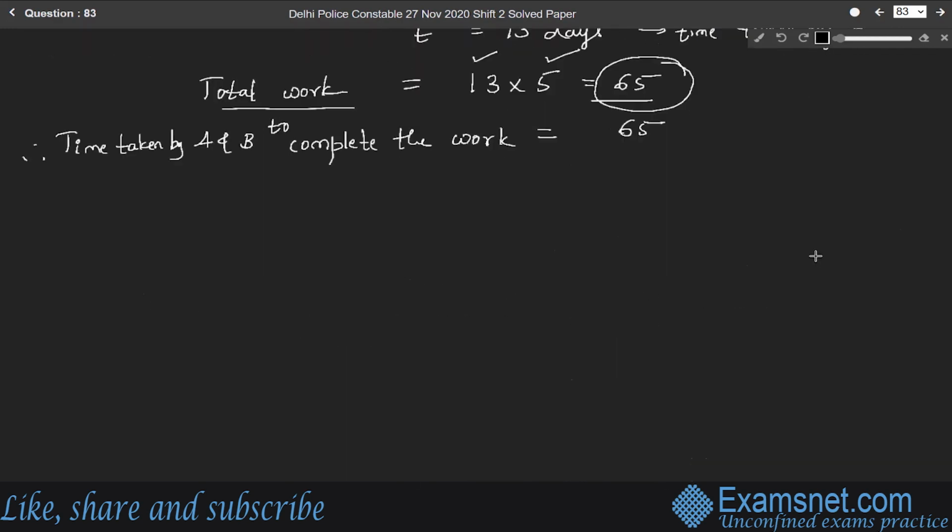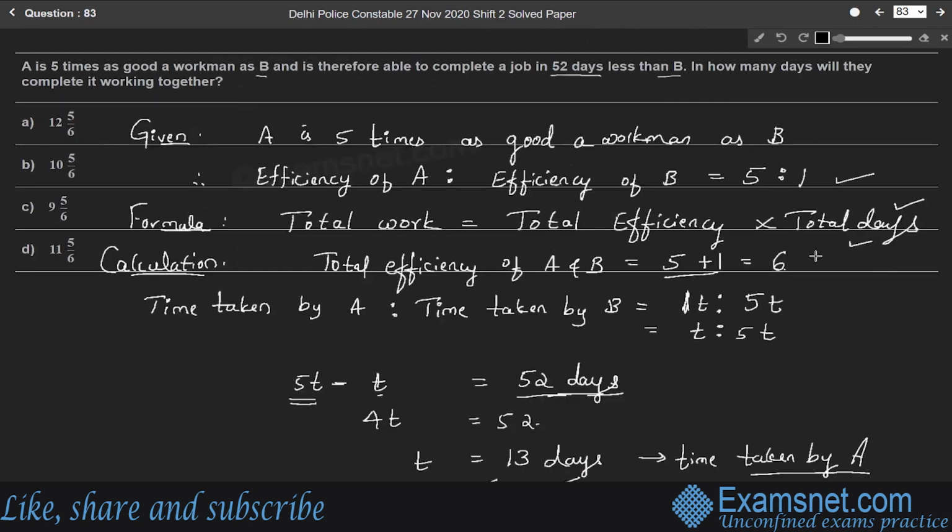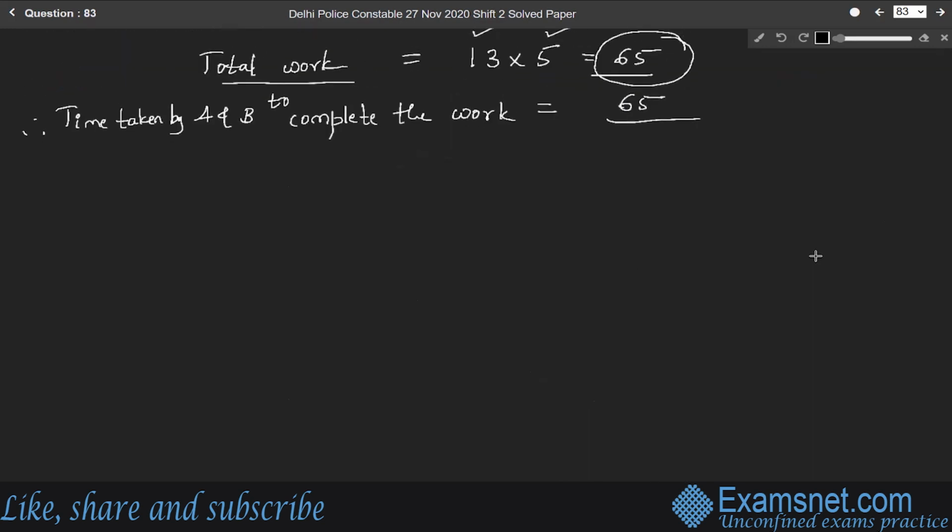Therefore, total work is 65 and the total efficiency, look at the given, is equal to 5 plus 1, that is 6. Therefore, 65 by 6 or 10 integer 5 by 6. Therefore, the time taken by A and B together to complete the same work is equal to 10 integer 5 by 6 days.